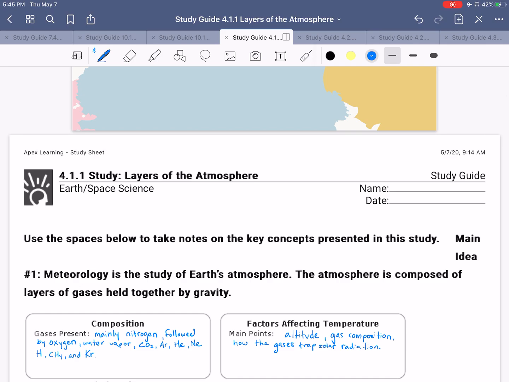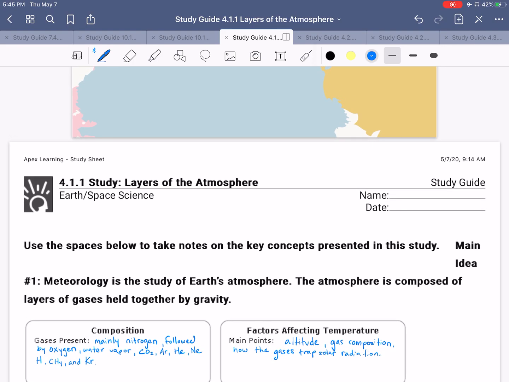So let's get started. A meteorologist is a scientist who studies the atmosphere in order to predict the weather and learn about global climate change. Like all scientists, meteorologists gather data to form conclusions. Some meteorologists do this using giant water balloons filled with helium that carry instruments high into the atmosphere.